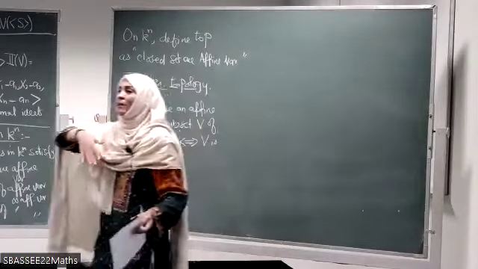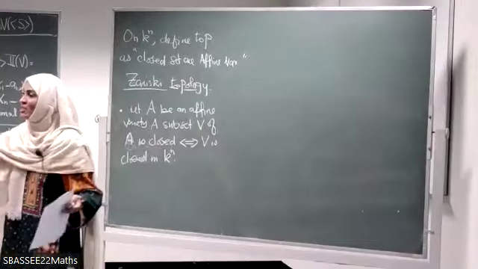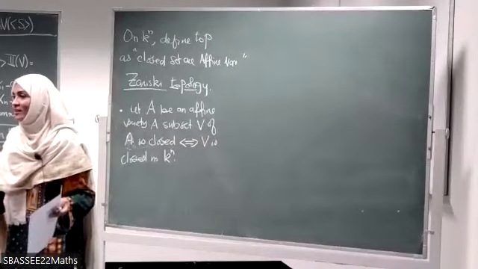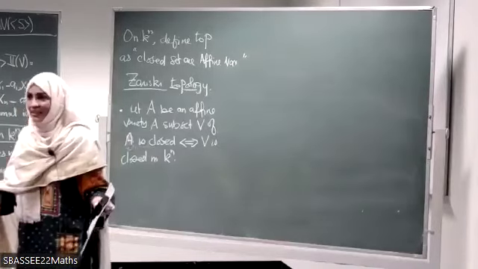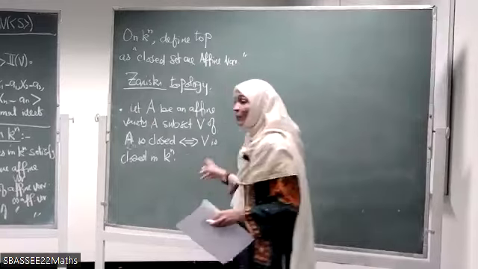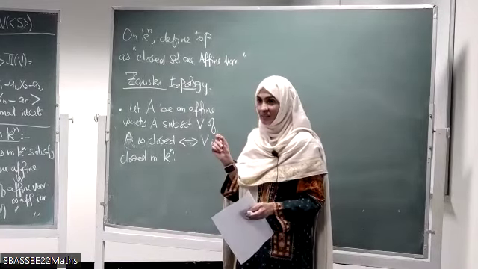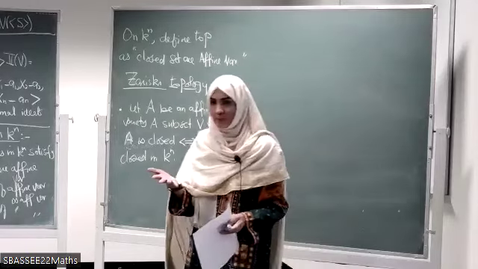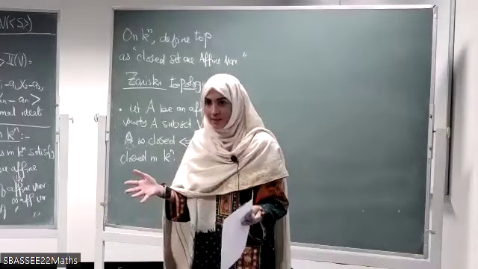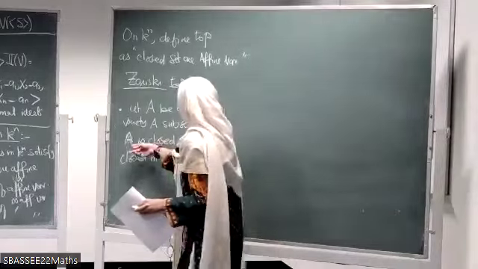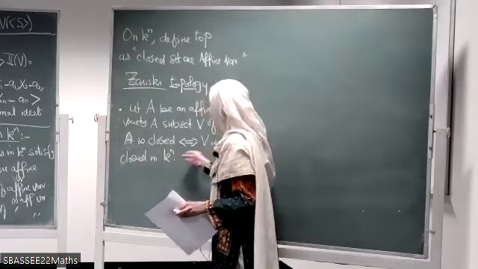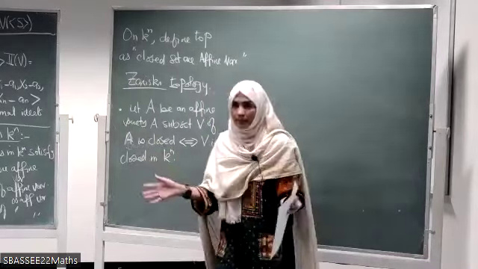If it is defined through an affine variety, you just take the intersection of that one with your A and nothing else. But this property is not true for open sets. If you have a Zariski open set in your affine variety, it is not necessarily open in the whole space.